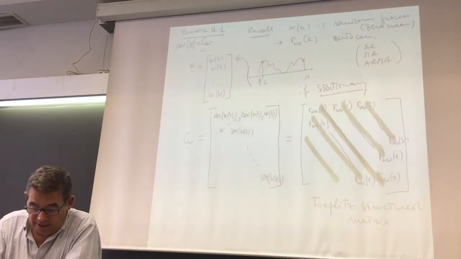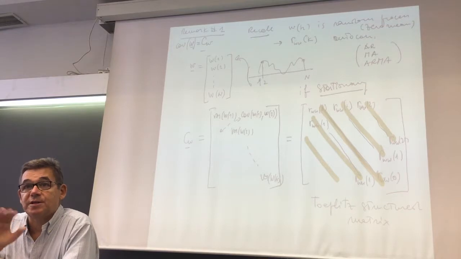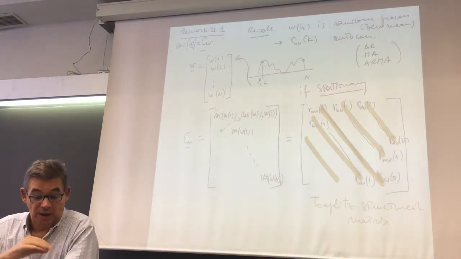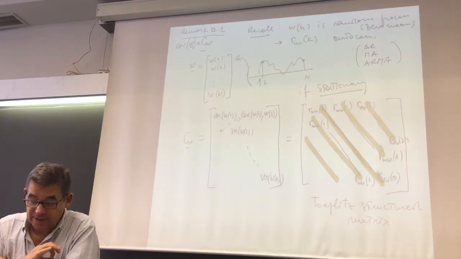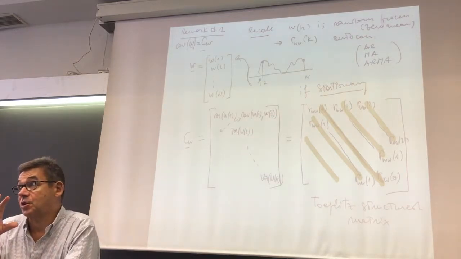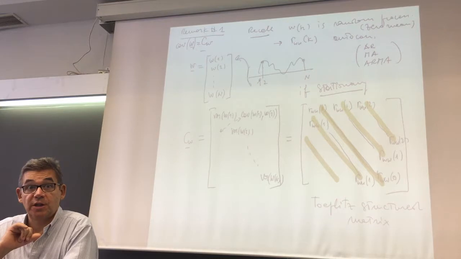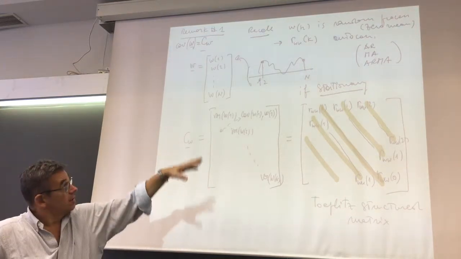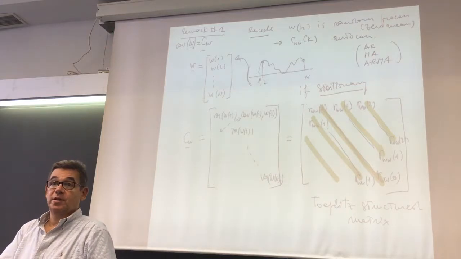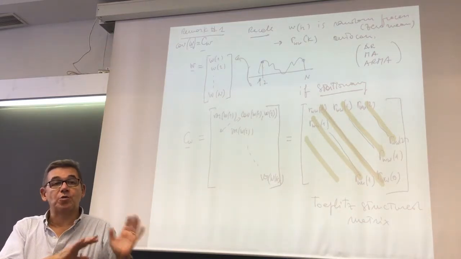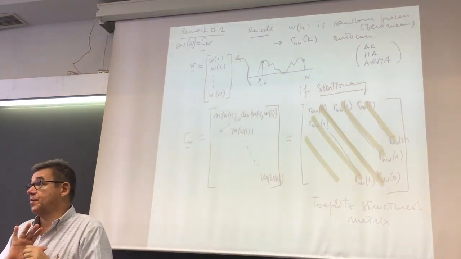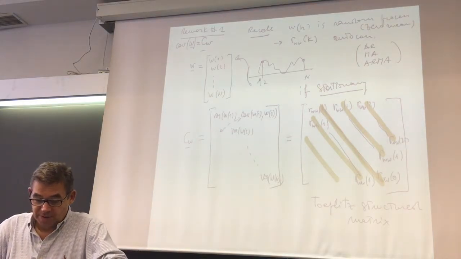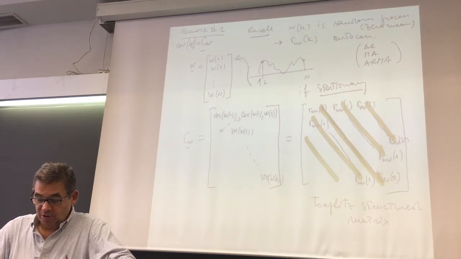The other point is that if w is a noise, like in a random process, and the process is stationary, my covariance has a Toeplitz structure with that specific shape. And once I know the autocorrelation of the specific random process, I can write the corresponding covariance matrix.